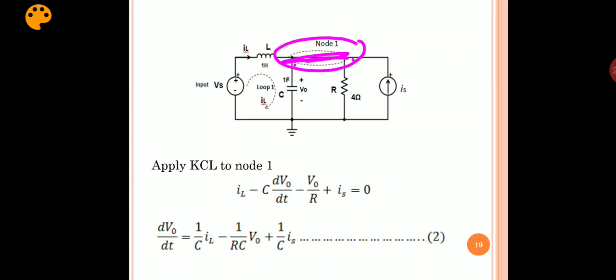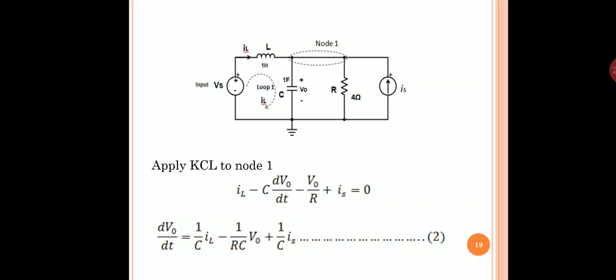Now for this node I apply KCL. KCL says incoming currents are equal to outgoing currents, or the algebraic sum of currents at a node is 0.